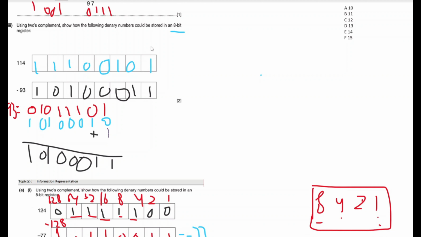There is a direct method and an indirect method, which is the long method. First I will use the direct method, where you write the powers over here: 1, 2, 4, 8, 16, 32, 64.